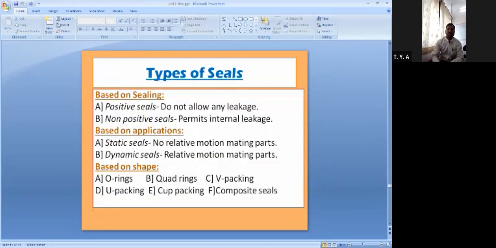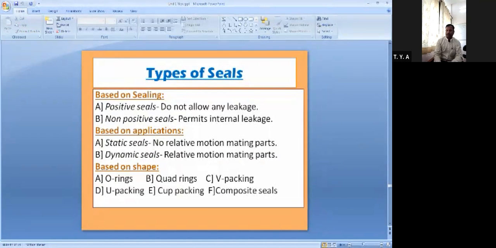Now let us come to our main point, the types of seals. These seals are classified on the basis of the following points. First, based on sealing, seals are classified into two groups: one is the positive seals and another is the non-positive seals.